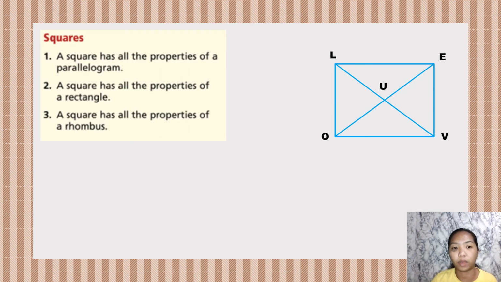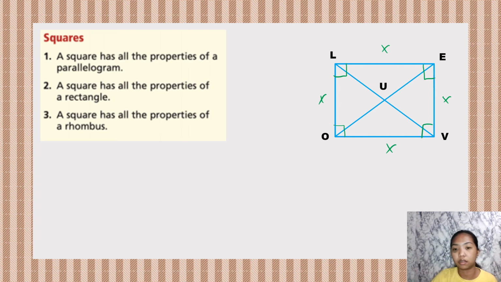For our square, again, it applies all the properties of a parallelogram, a rectangle, and a rhombus. So I have here square LOVE whose diagonals bisect at U. Remember that the sides are all equal. The angles measure 90.